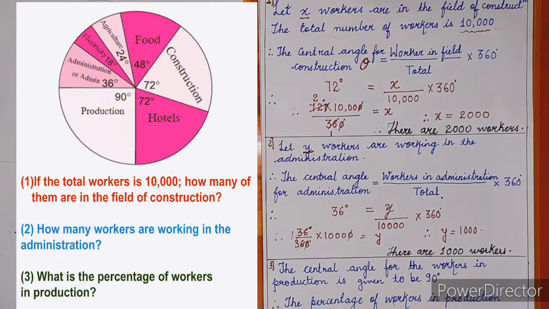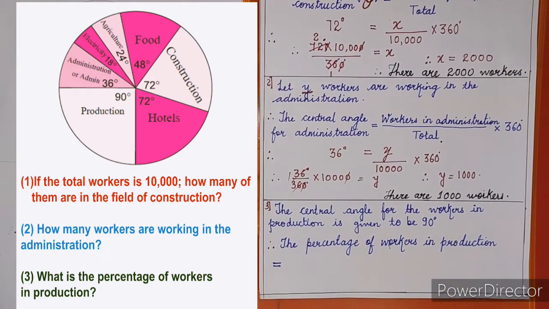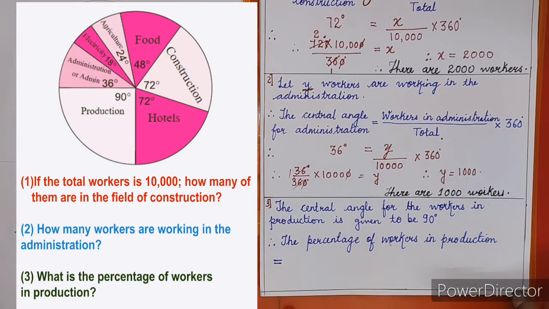Now your third question is, what is the percentage of workers in production? You have to find out the percentage of workers in production. The central angle for the workers in production is given to be 90 degrees. 90 degrees is a 1/4 part of 360 degrees. 1/4 part as a percentage is 25. So we'll see how it comes.